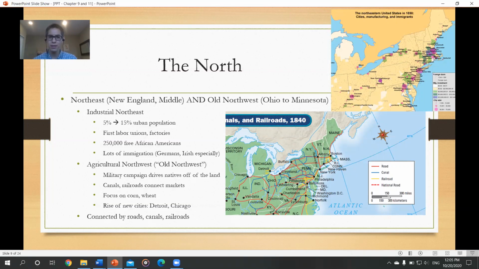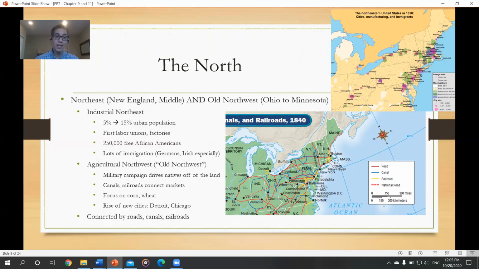The Northwest, which is kind of this region, Ohio, Illinois, Indiana, Michigan, so west of Pennsylvania, they're a little bit more agricultural. They focus on corn and wheat. But because of the transportation revolution, the roads that connect places, the National Road that connects Illinois to West Virginia, canals and railroads, New England and the Midwest are now connected.